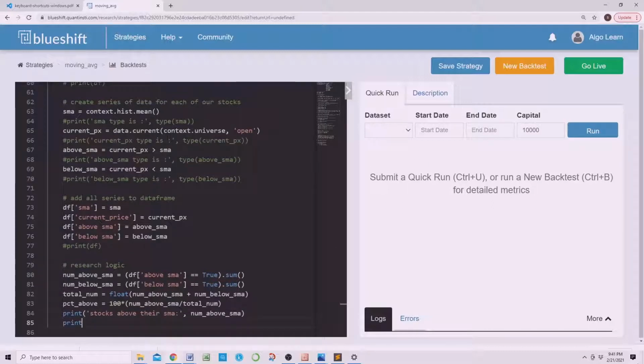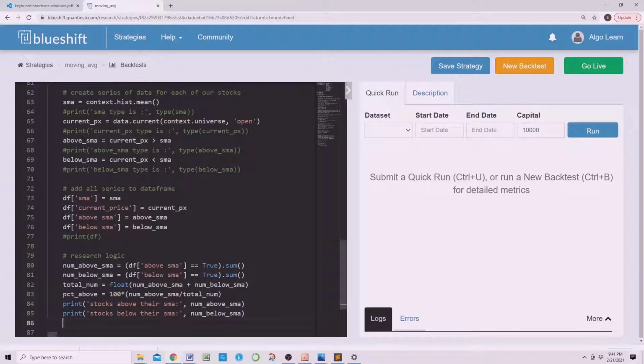And we're going to print stocks below their SMA. You guys following along?